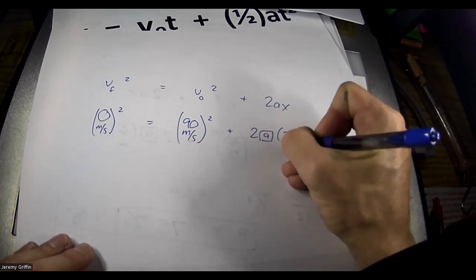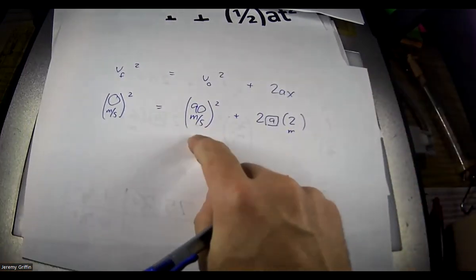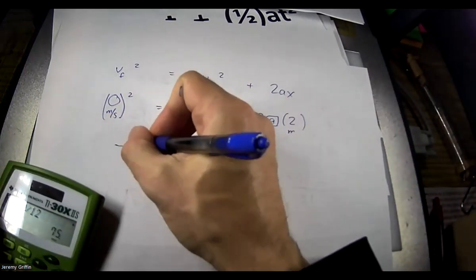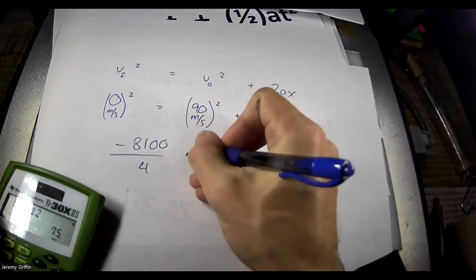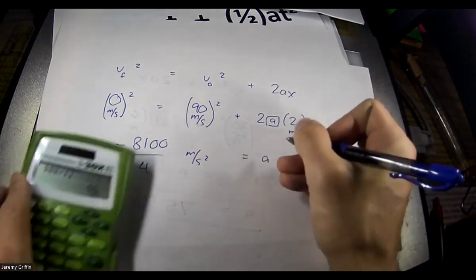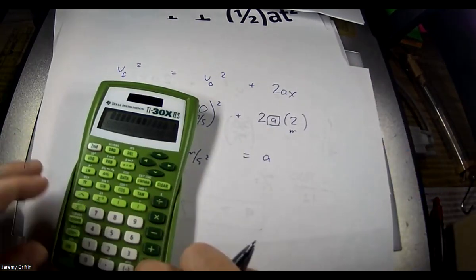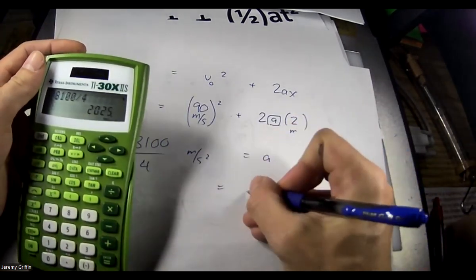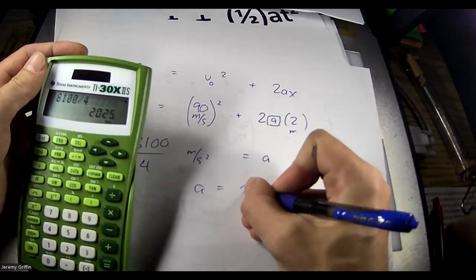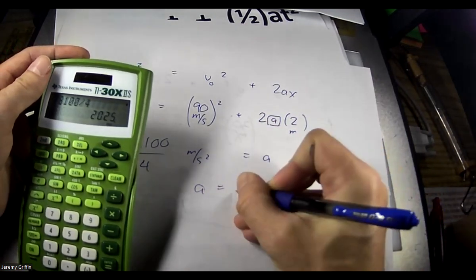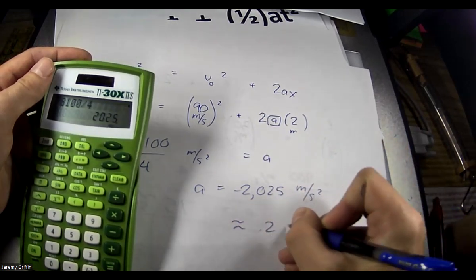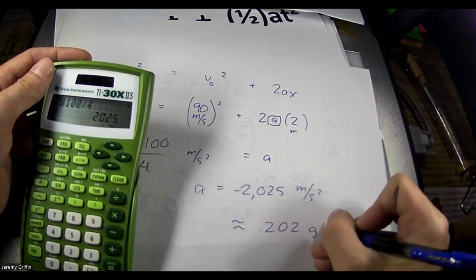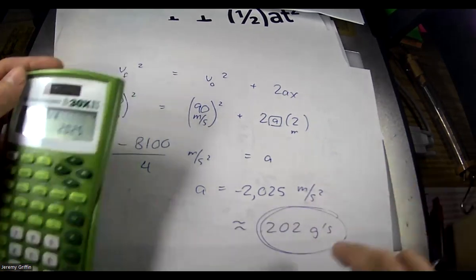Okay, put about 2 meters here. 90 squared is 8,100. Divide by 4. Looking at 2,000 meters per second squared, or you could call that about 200 and some G's, about 200 G's.